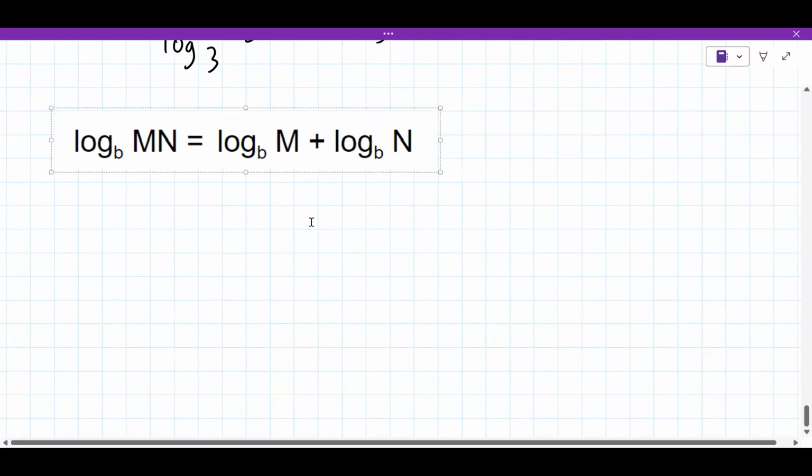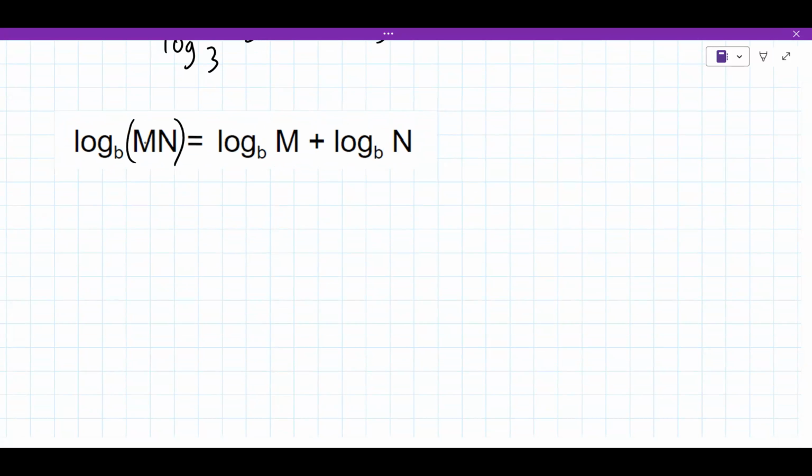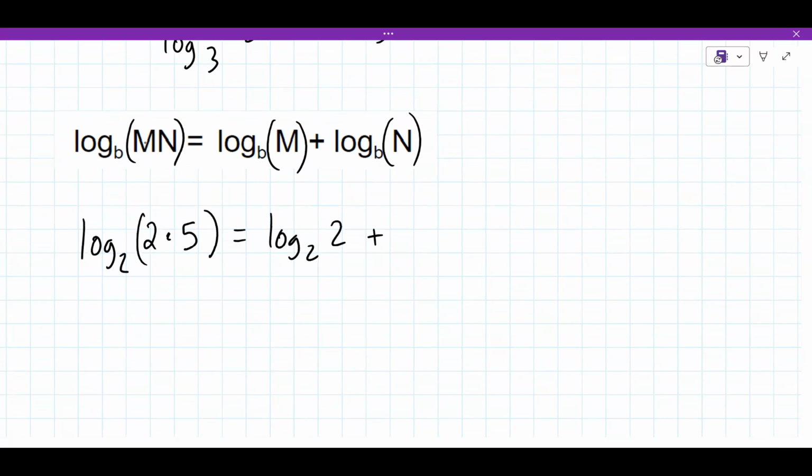This says that if I give you a product inside parentheses, it becomes a sum. So if I, for example, wrote log base 2 of 2 times 5, this becomes log base 2 of 2 plus log base 2 of 5.